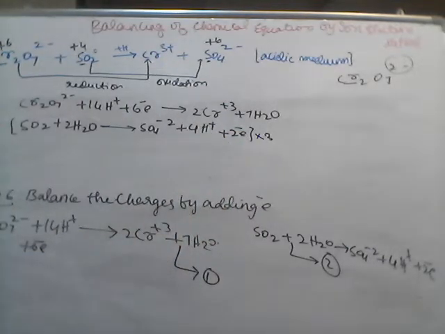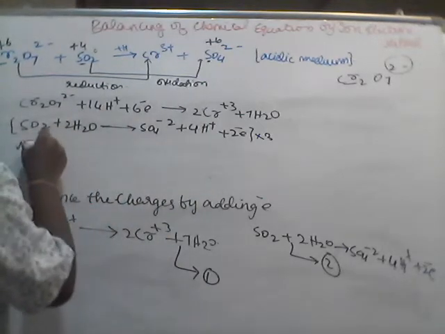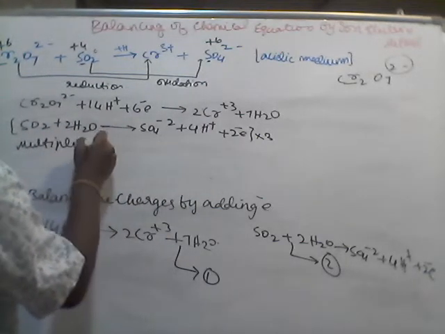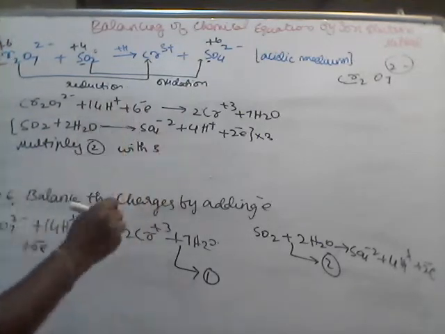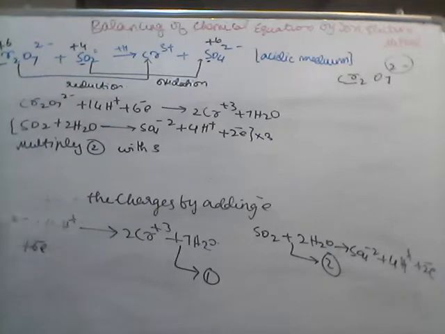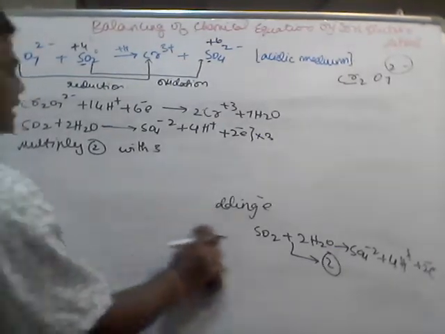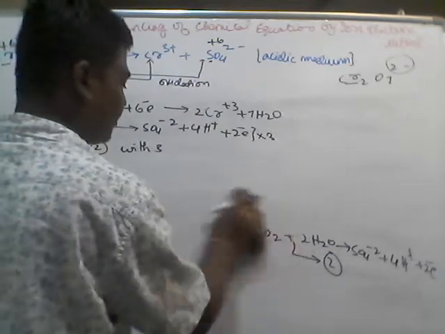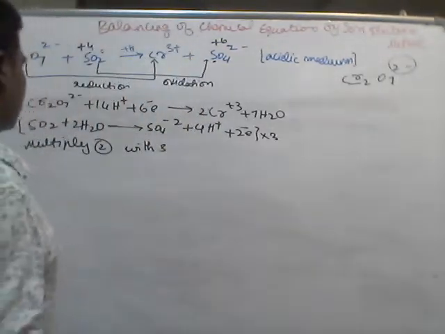So what I am doing, multiply the second equation with 3. We have to find the suitable number and multiply so that the electrons do not come in the final reaction, which means the electrons must be cancelled.